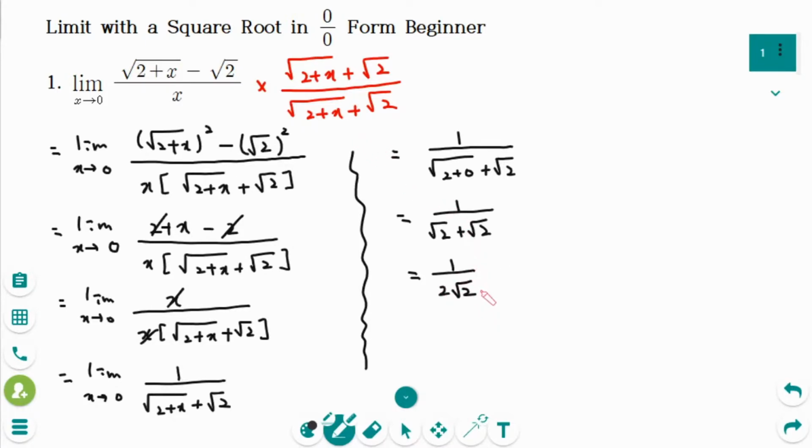So we must rationalize the denominator, which means moving a root to the top of the fraction. So therefore multiply square root of 2 over square root of 2. So the final answer is the square root of 2 over, this is 2 times 2, which is 4.